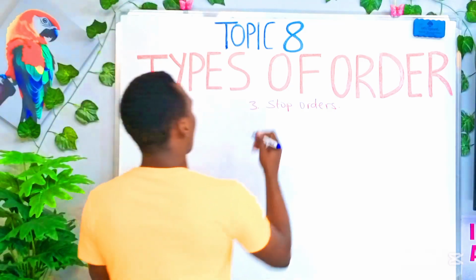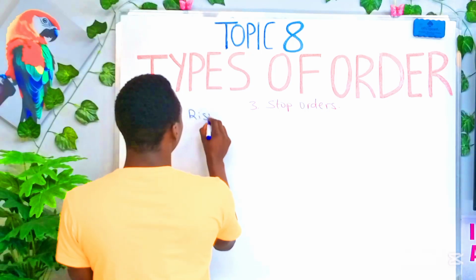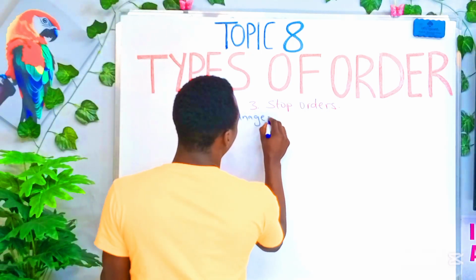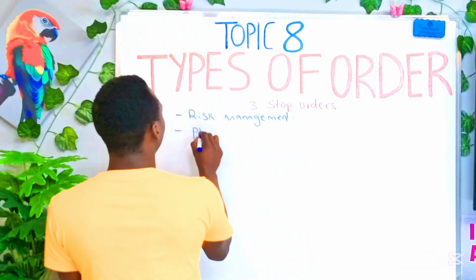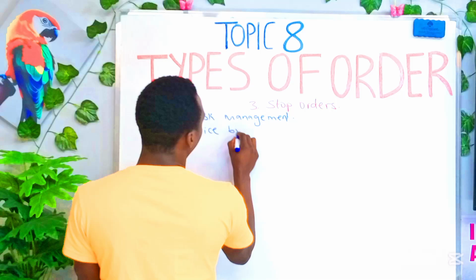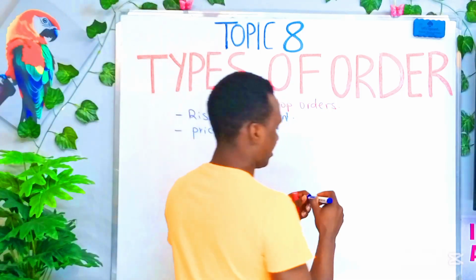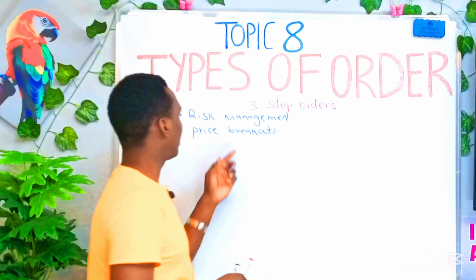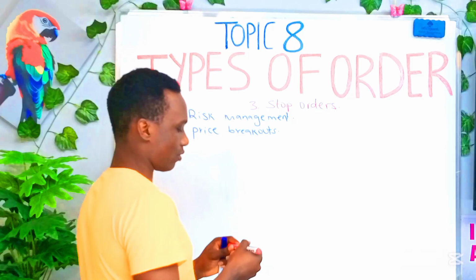So stop loss orders help us in risk management, and two, they help us to trade price breakouts. Those are their two most significant advantages.